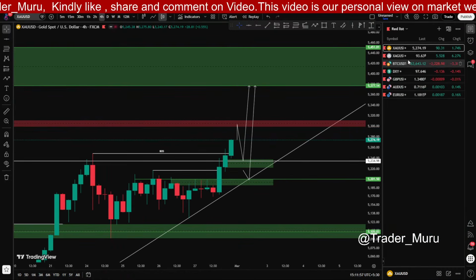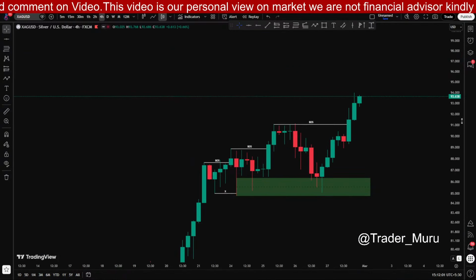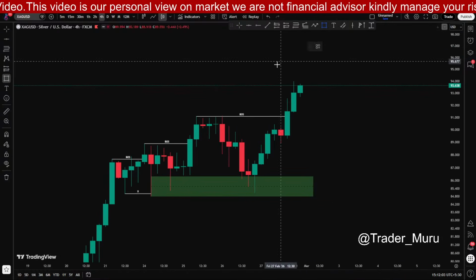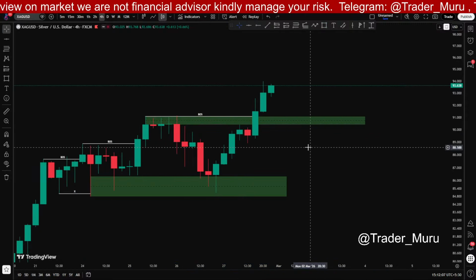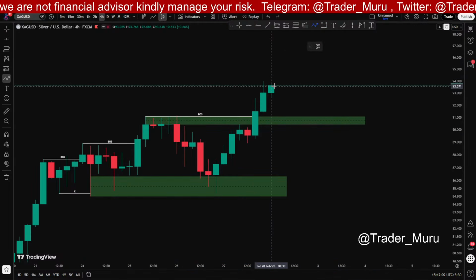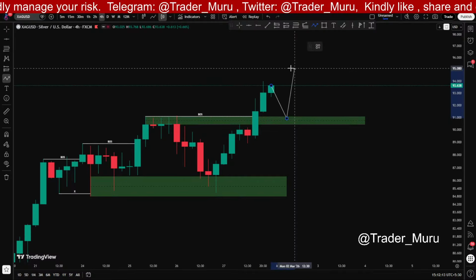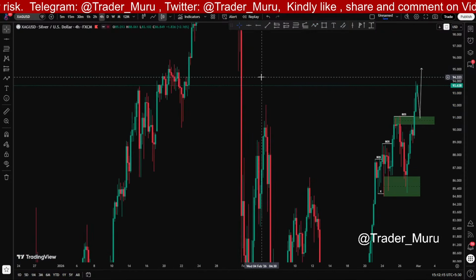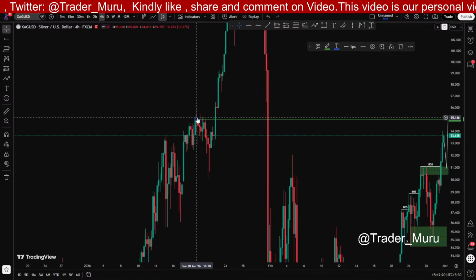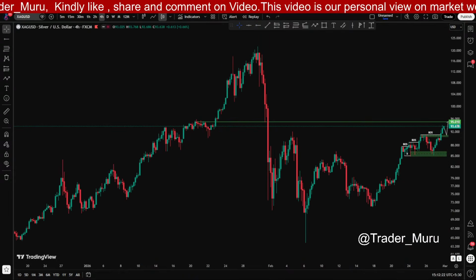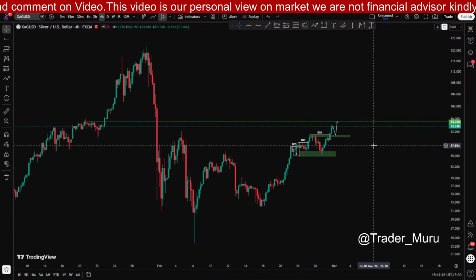Now let's see silver. In silver we recently have a new breakout structure in the 4-hour time frame. So this is our mitigation block. From here on the retracement, your first target will be 95 at this level, 95, and then there is a small retracement.